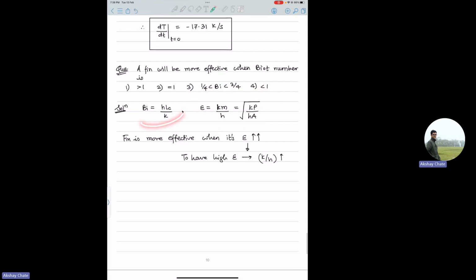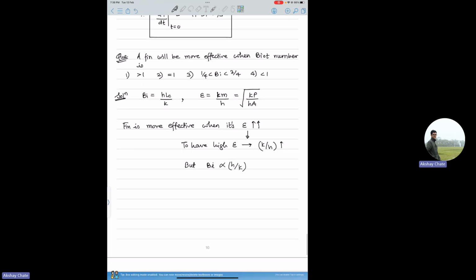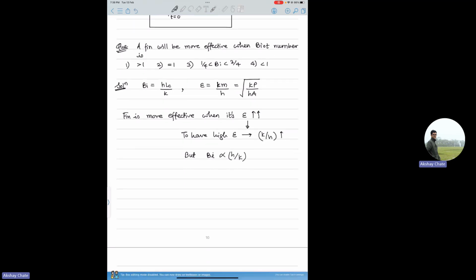And if you look at the Biot number, the Biot number is proportional to h by k. So from here you can see, if you want k by h to be high, then h by k will be minimum or less.